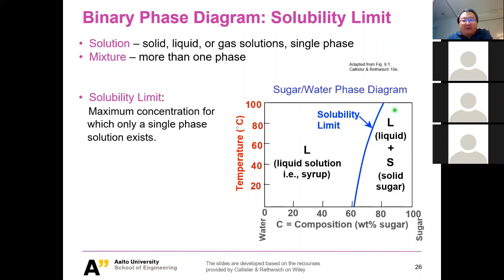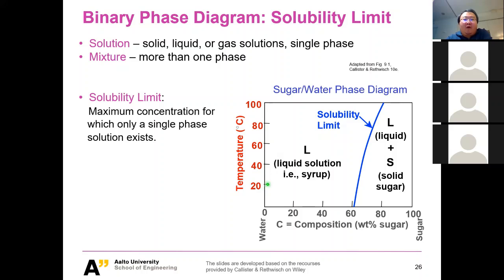When we have two components, it's not going to be just one kind of phase. It's going to be more complicated. Let's say we again only look at temperature, under room or normal pressure.